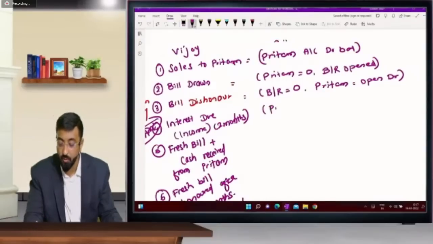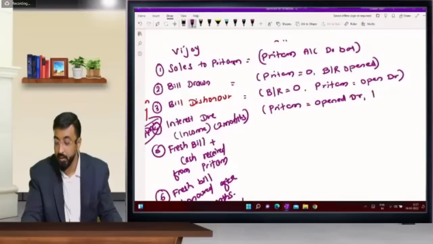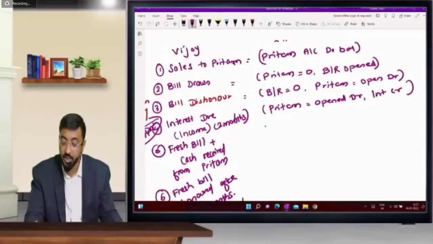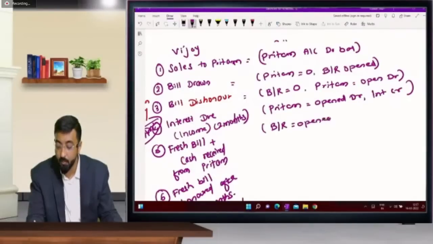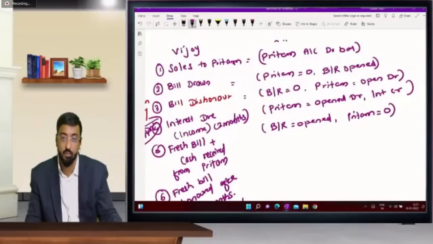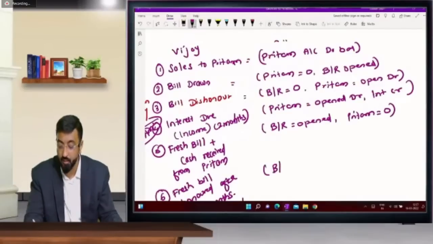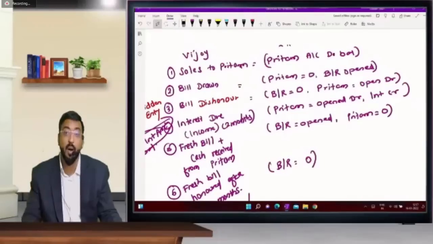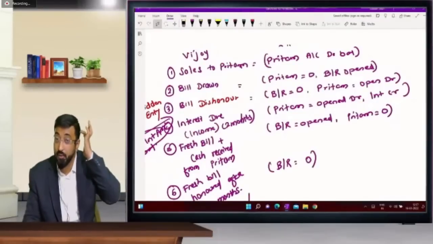Interest due: Pritam open, debit; interest, credit, income. Fresh bill: bills receivable open, and Pritam balance 0. Fresh bill honor: bills receivable 0, and bank balance increases. If you focus on which account is getting open and which account is getting closed, you will never find this topic difficult. So first case, what is the entry?